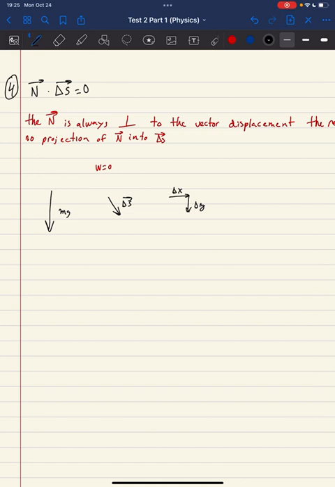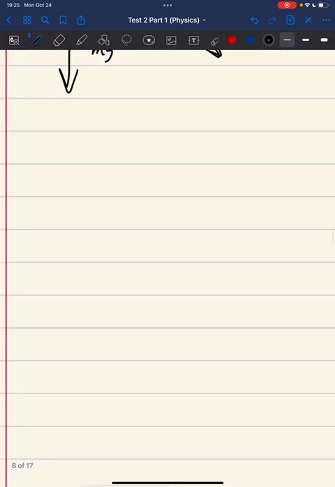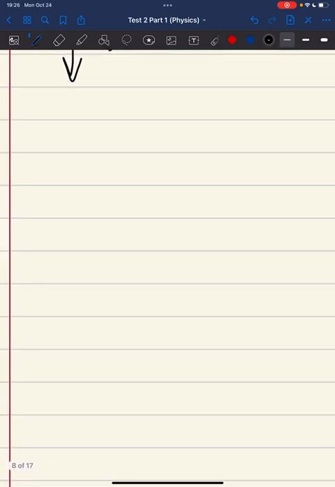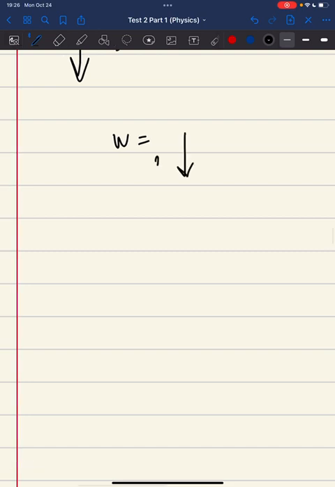Okay, so I'm gonna do 2 ways of doing this. So mg, we said it was going down, and that will be with the change in x.